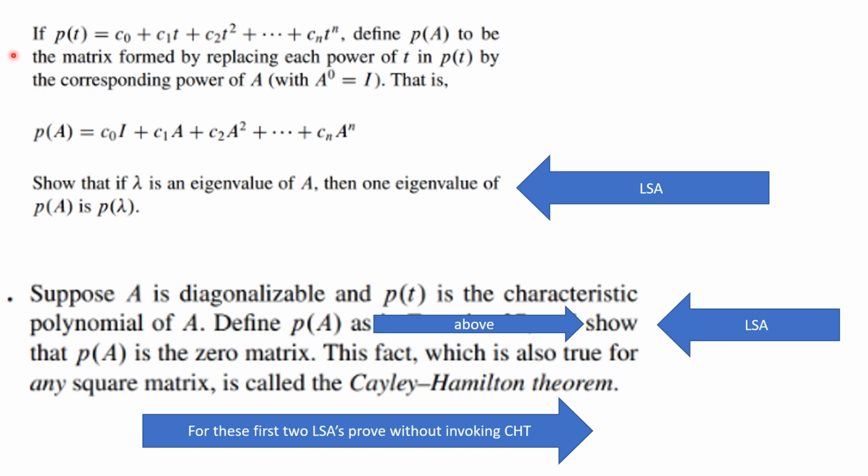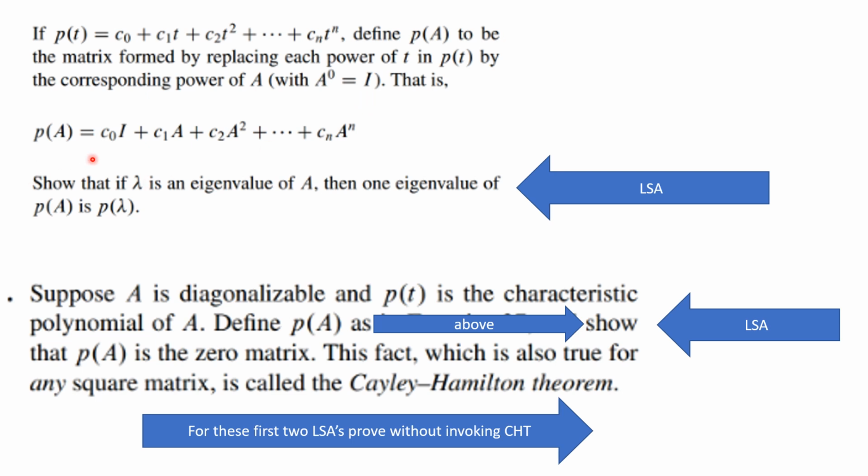So by way of continuing the introduction, if P of t is equal to C0 plus C1t plus C2t squared plus dot dot dot plus Cn t to the n, we define P of A to be the matrix formed by replacing each power of t in P of t by the corresponding power of A, with A raised to the 0 power equaling the identity matrix.